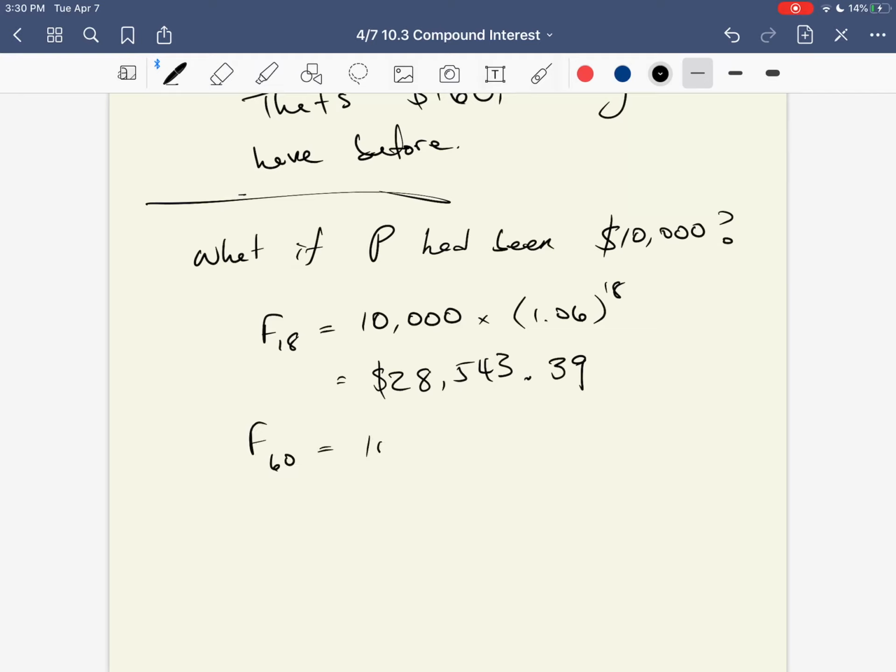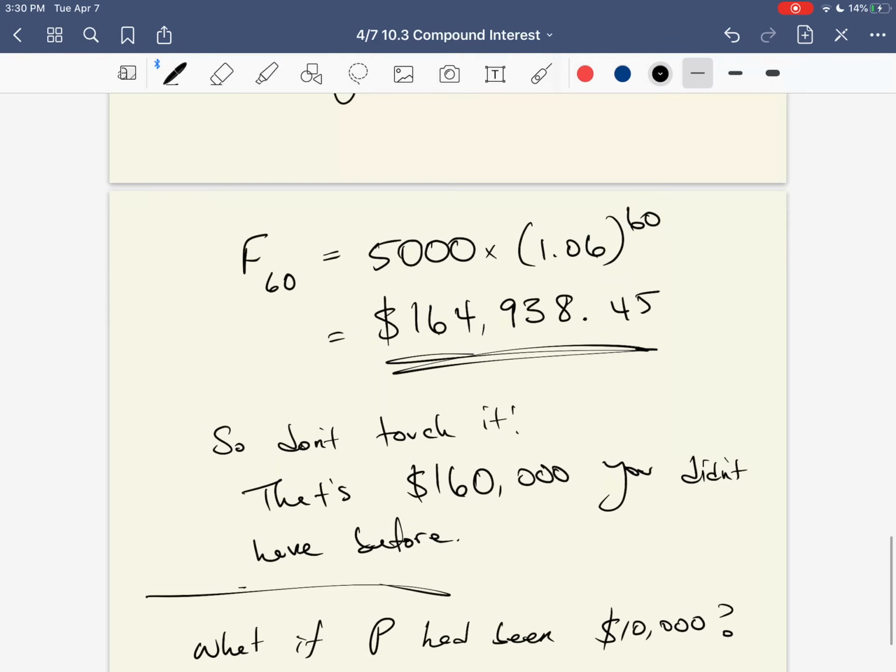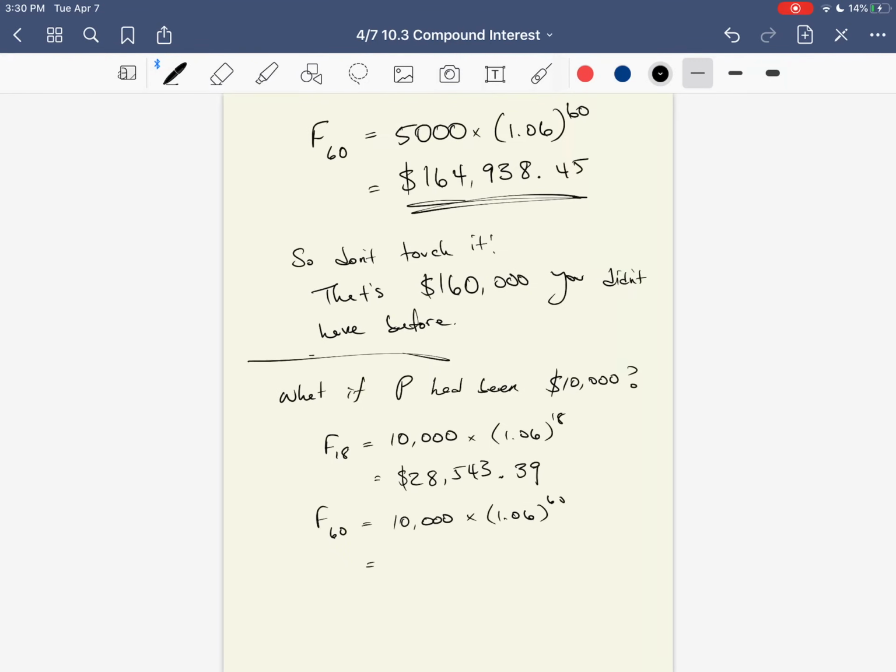F60 is going to be 10,000 times 1.06 to the 60th, and instead of putting that into our calculator, well, we can just go up here and double 164,000. So let's say it was 165,000. Now I'll just double this. So that should give us 90 cents when you double the cents. Double 8 and you get 16.